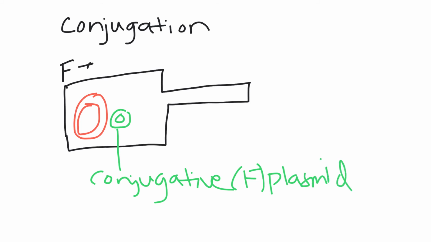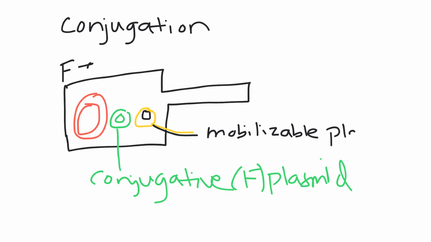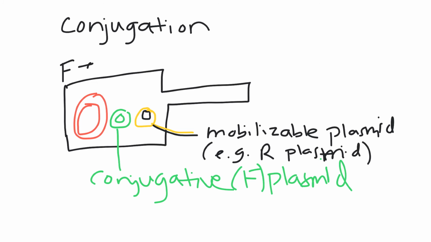And then this time it also has this other plasmid here, which is going to be a mobilizable plasmid. This can be multiple things, but common when we talk about this is the R plasmid, which R stands for resistance, because it contains genes that allow the bacteria to survive antibiotic treatment.